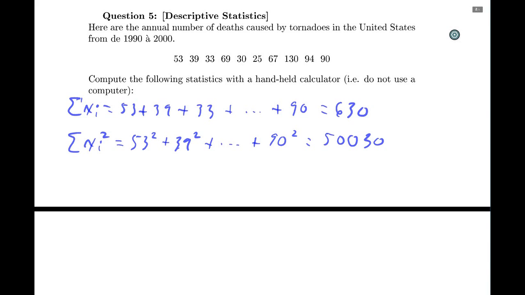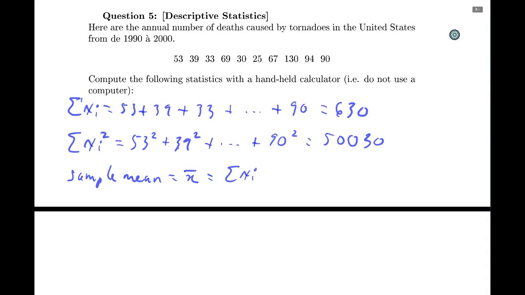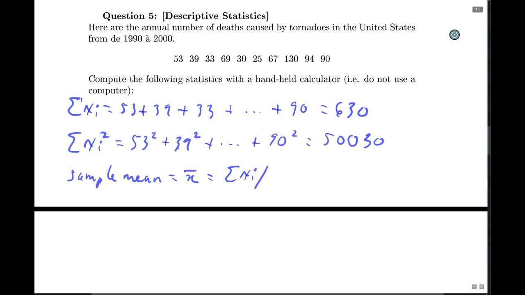Okay, so with these two sums we can compute some descriptive statistics. For example, I can compute the sample mean. So my sample mean, which I'll denote as x bar, will be the total of these values, which is 630, divided by the number of observations that I have. So I have 630, and then here, how many observations do we have?